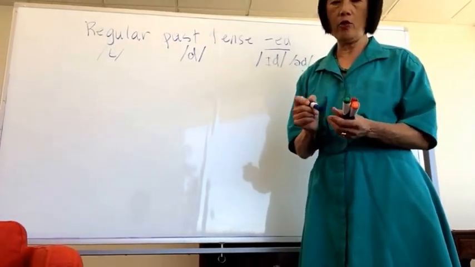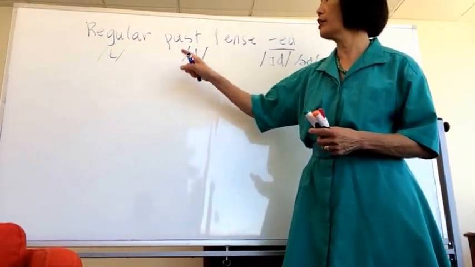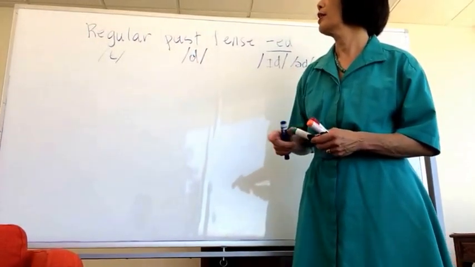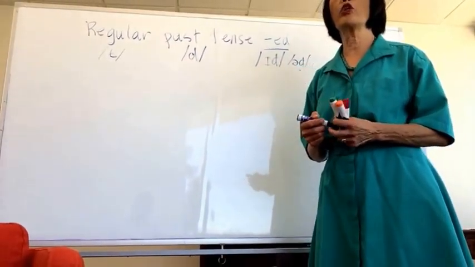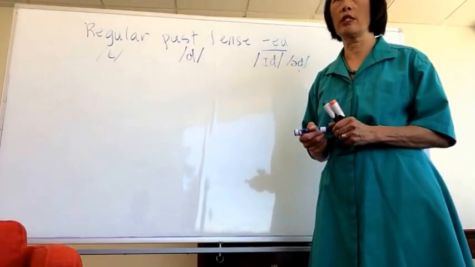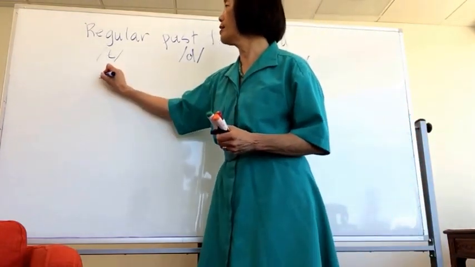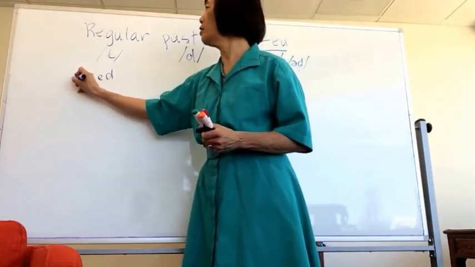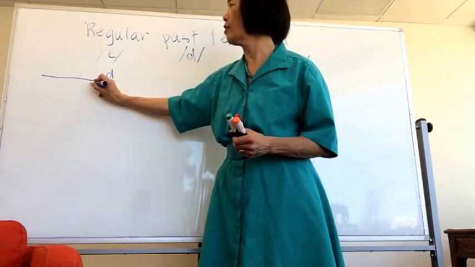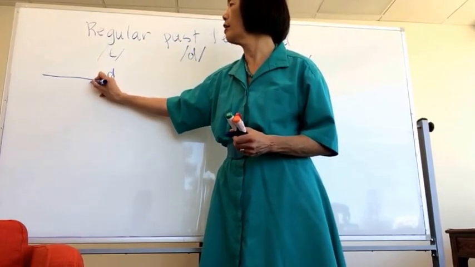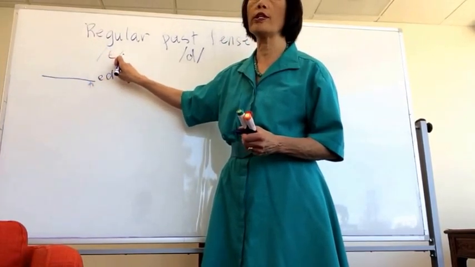Now let's review what you remember about the kinds of words that end in the sound t. If the ed ends in the sound t, then we are looking at the last sound. Whatever the sound is here, we want to know, is it voiceless?